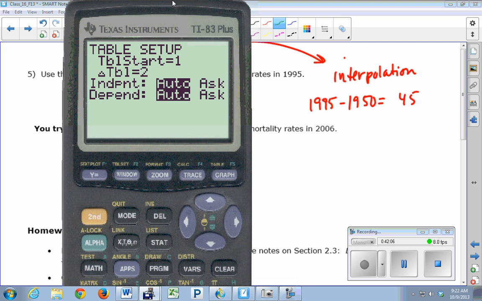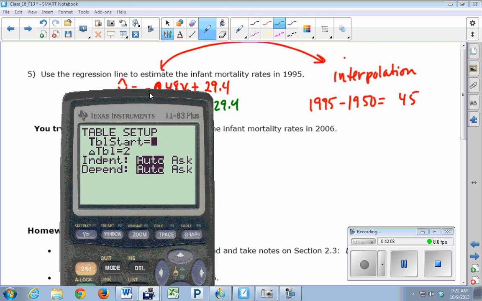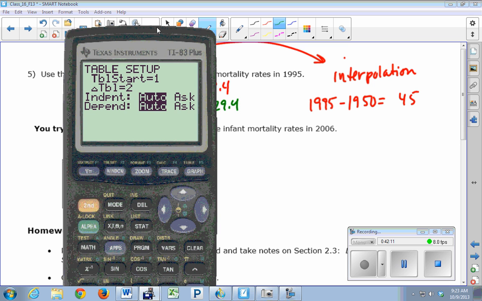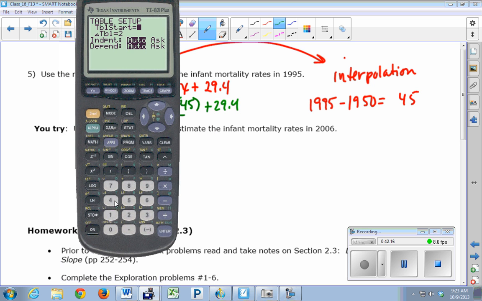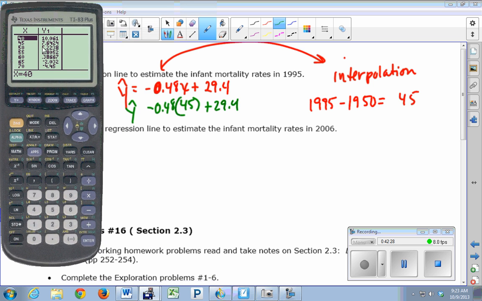Let's start at 40 and increment by 5, so I can get every half decade here. I go to my table, and there it is for 45. If you do this calculation out, you should get an infant mortality rate of 7.6 predicted. So we're predicting that the infant mortality rate was 7.6 per 1,000 in the year 1995.